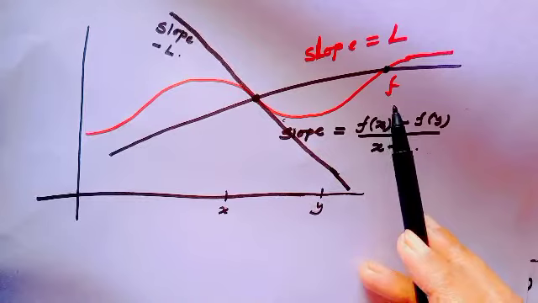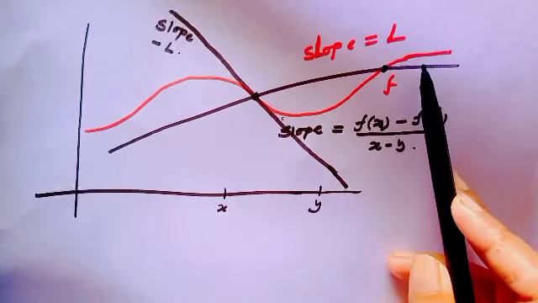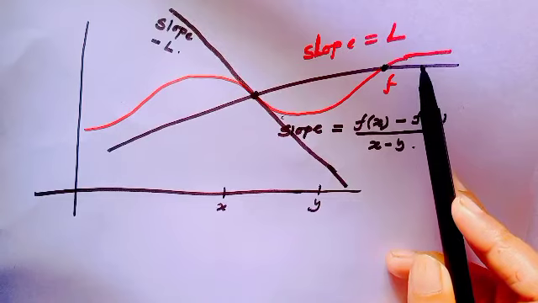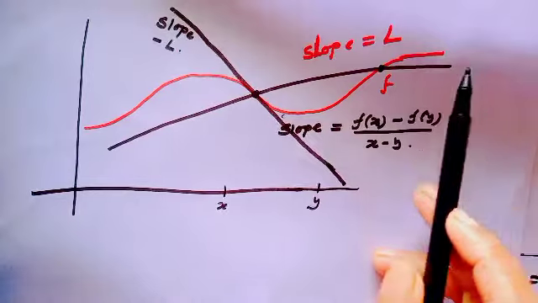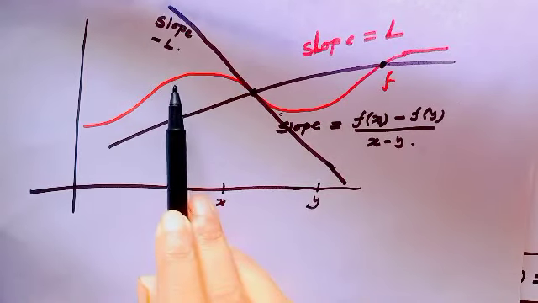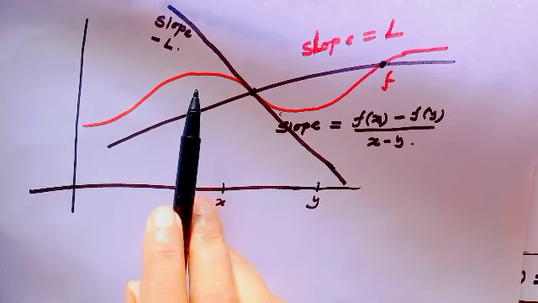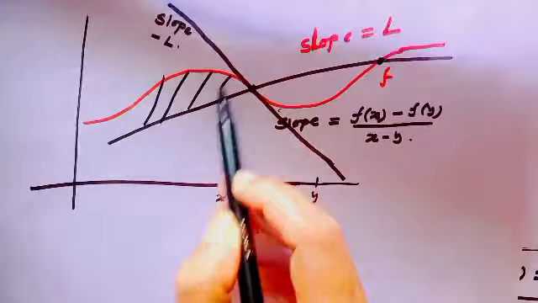This is the graph of f, and this is the slope of the function, which is bounded by L. Here notice, the main function is contained between these slopes.